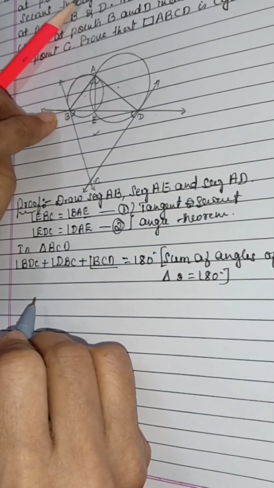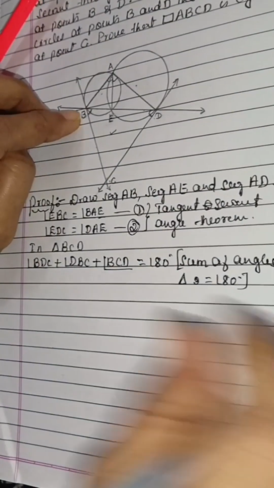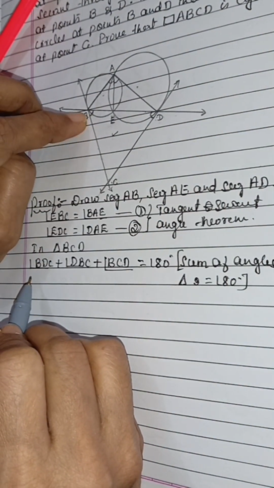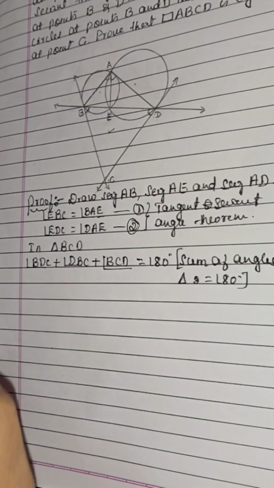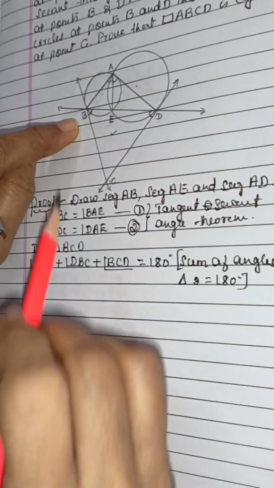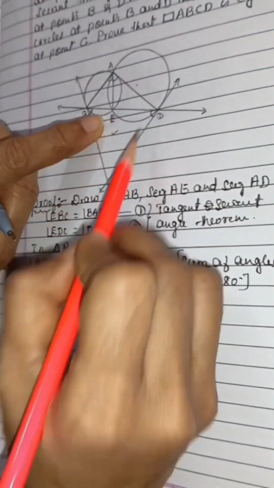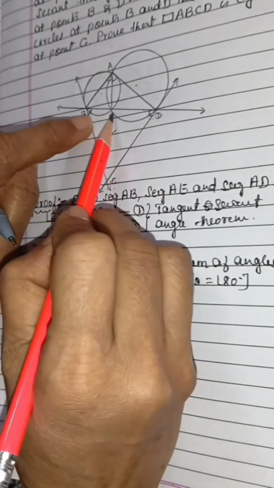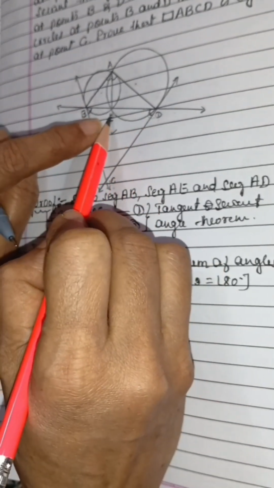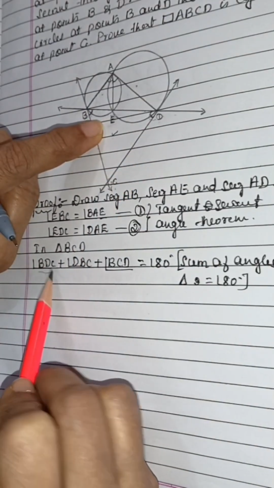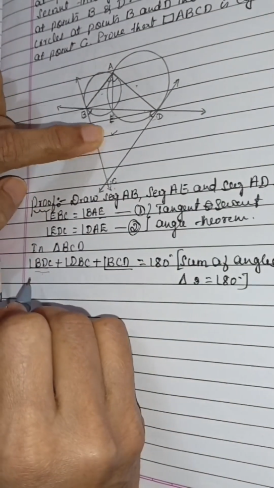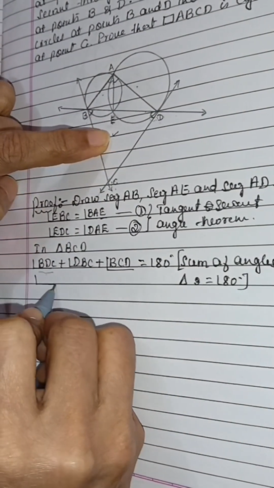Now see, angle BDC: we can write EDC, the same angle, because B, E, D are collinear points. So instead of writing BDC, we can write EDC.